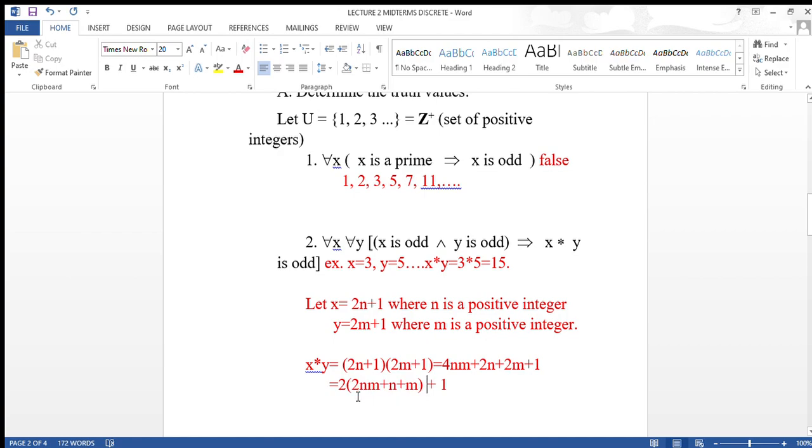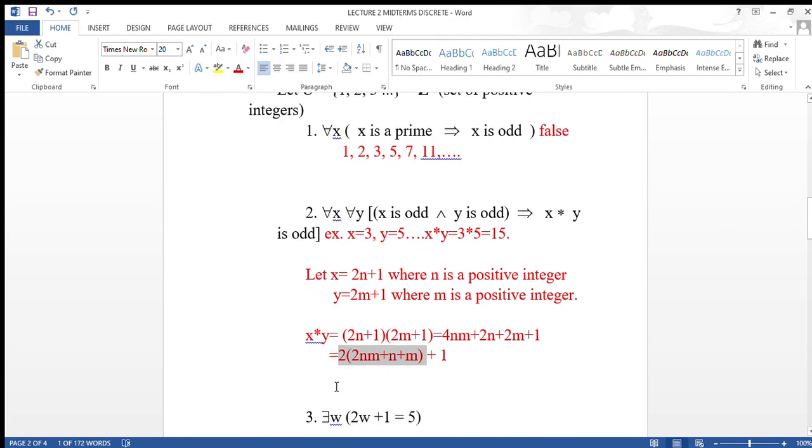And since n and m are positive integers, this entire thing is a positive integer. You multiply it by 2, then this entire expression will now be an even integer because it's multiplied by 2. And you add 1, therefore an even integer plus 1 will make it an odd integer.